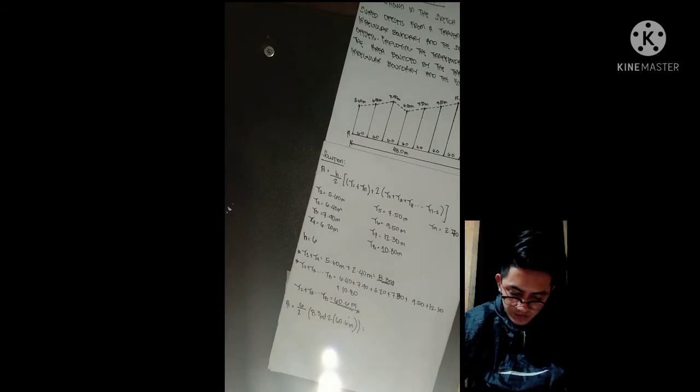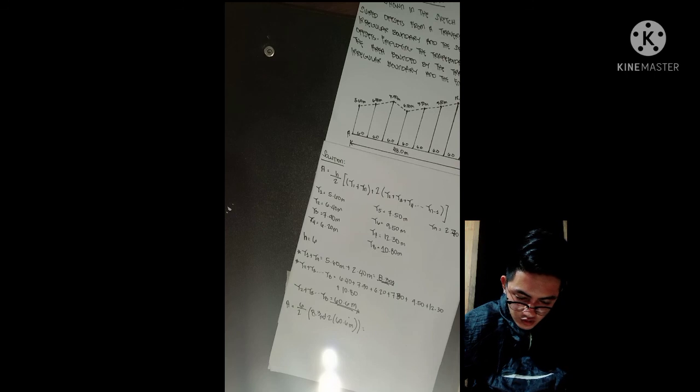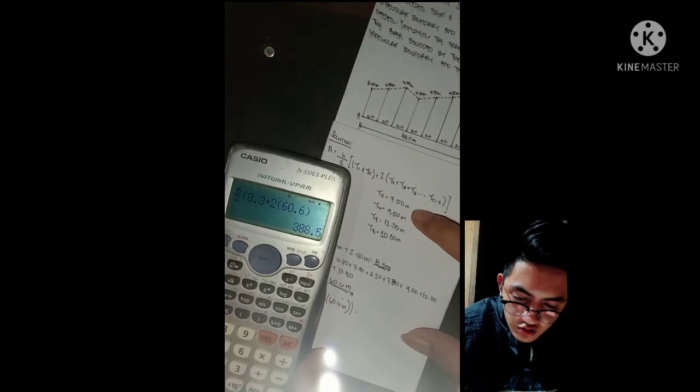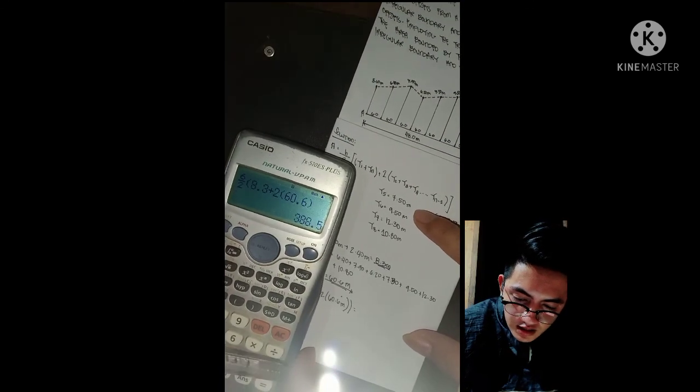So 6 over 2 times 8.3 plus 2 times 60.6 is equal to 388.5.